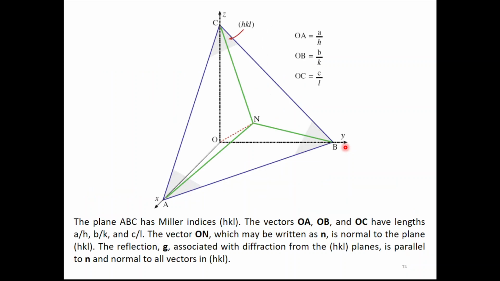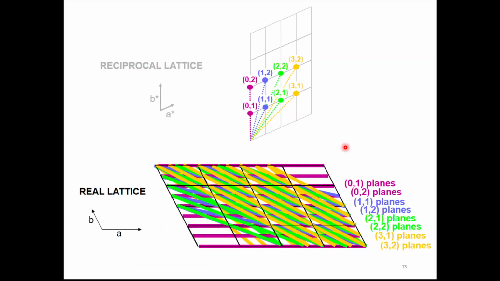So we can define many planes like that. And remember, we can go exactly in the opposite directions from this origin. In the very opposite direction, we will have 0 1 bar and 0 2 bar.